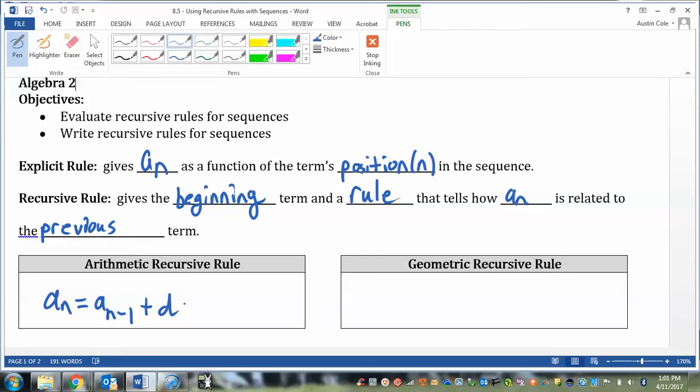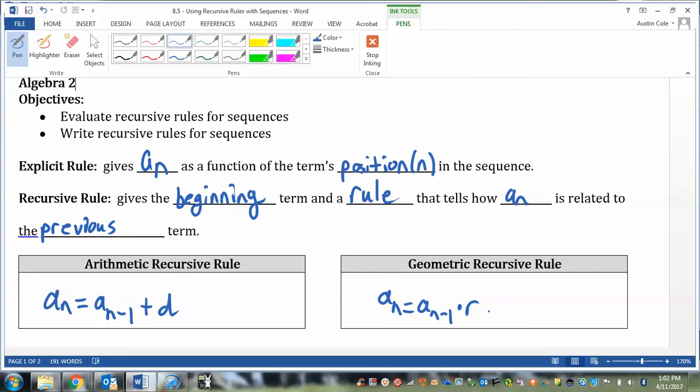Okay, and then we have geometric recursive rules. So again, we have a sub n, and that is going to equal a sub n minus 1 times r. The term before it times whatever the common ratio is gets you the next term.